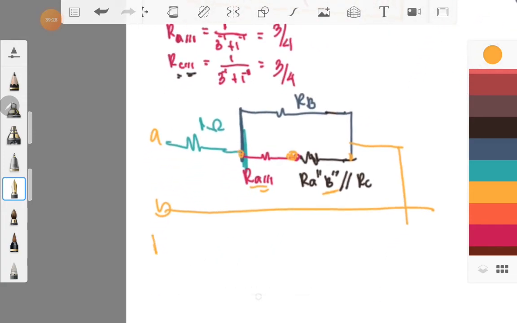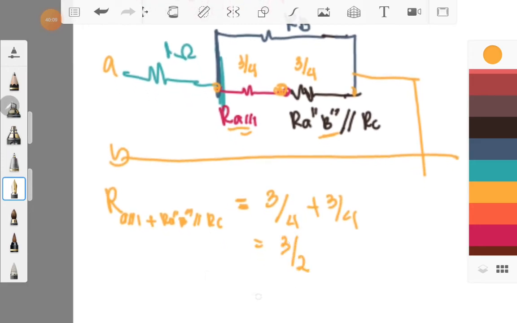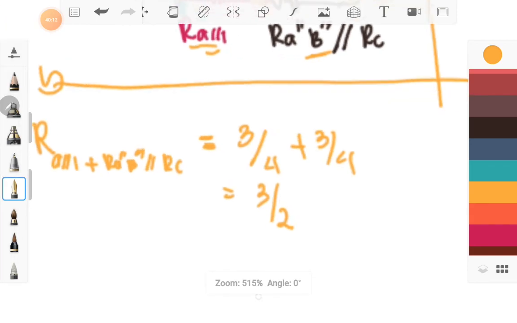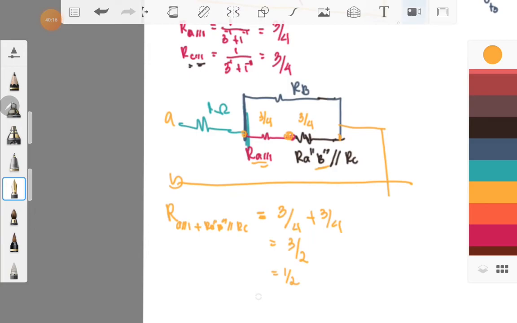So RA in parallel with 1 plus the series combination of RC in parallel with 1 is equal to 3/4 plus 3/4, which is equal to 6/4, right? Or 3/2, or it is equal to 1.5.